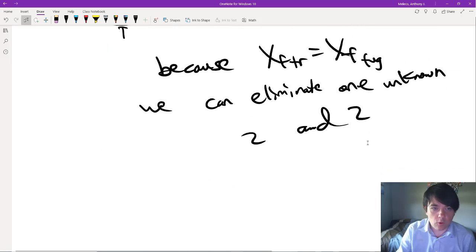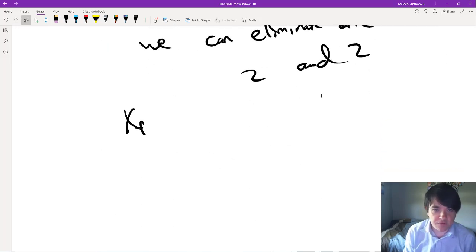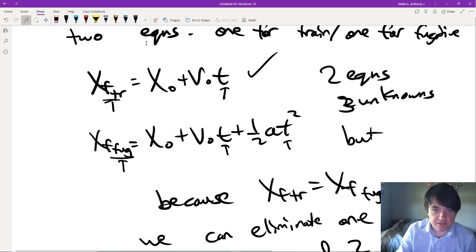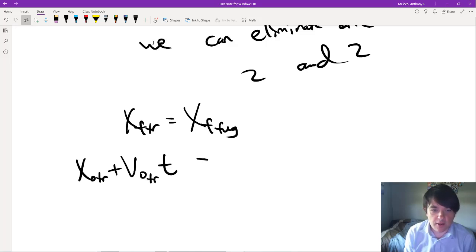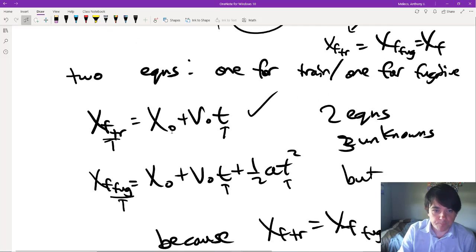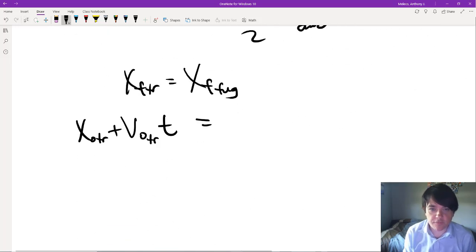So what we're going to do then is we're going to say x final train equals x final fugitive. And so the train equation was x initial train plus v naught train times time equals x initial fugitive plus v naught fugitive times t plus 1/2 a fugitive times time squared.